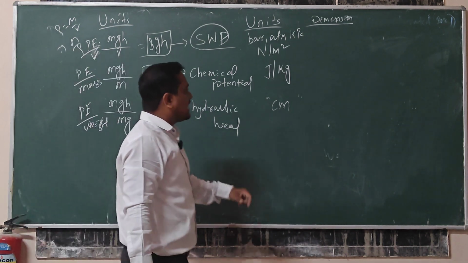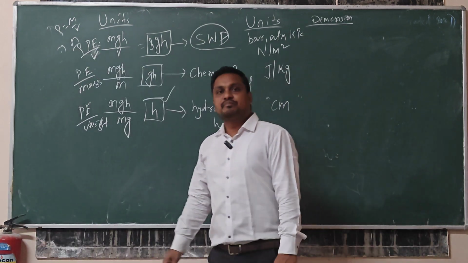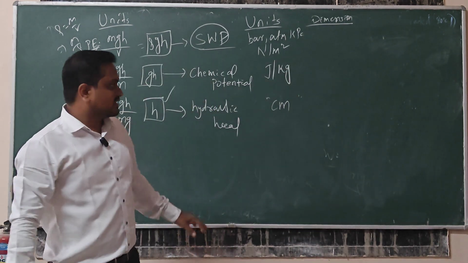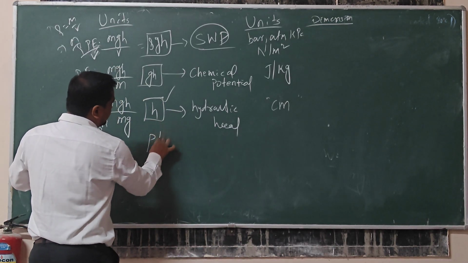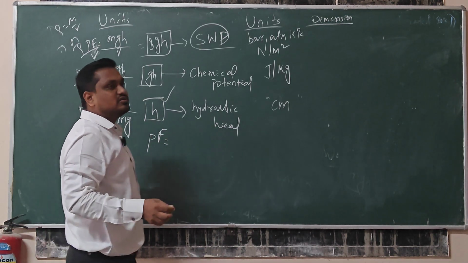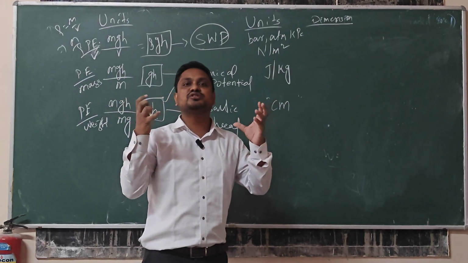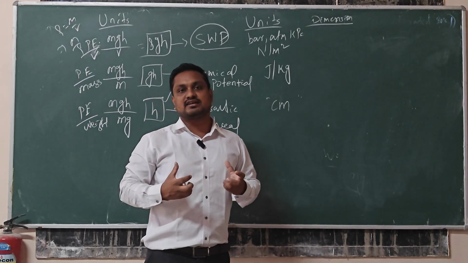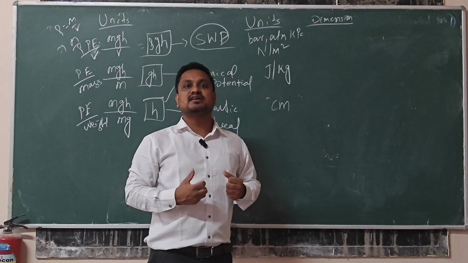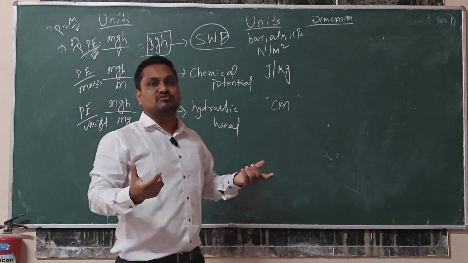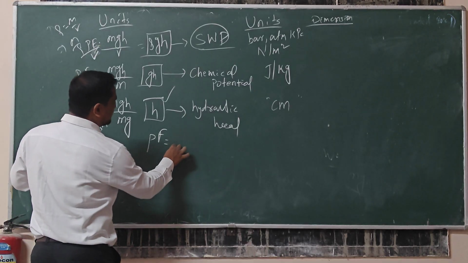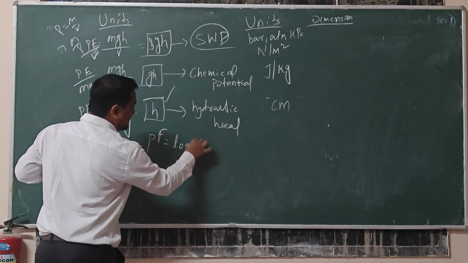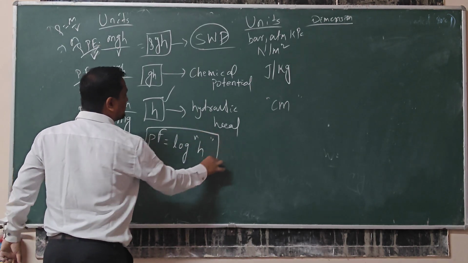And I have already told you one concept, pF. Simply, we can also express pF in terms of head units. I have told you that pF is related to the force with which the water is held. The more force, the higher its value, and the less quantity of water is available. pF is log H, very simple.